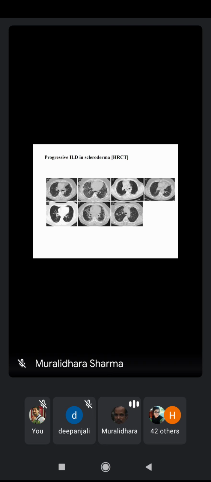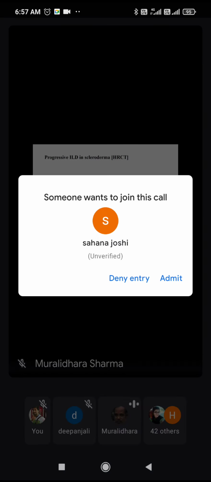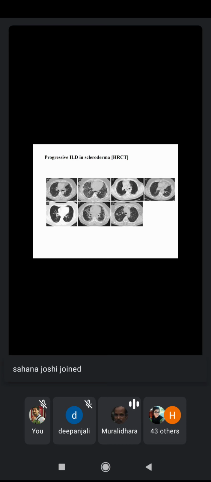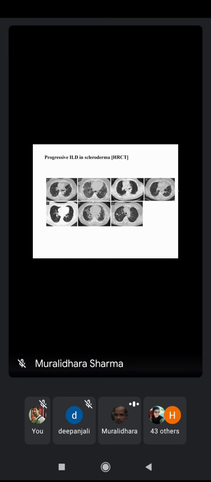In this condition, if you take the plain X-ray, it may probably show normal. Now, after a few months of progression of the disease, a high resolution CT was repeated, and the repetition of the high resolution CT shows the same fibrous band formation, and they are better visible, whereas a simultaneous plain CT may not show the same features.